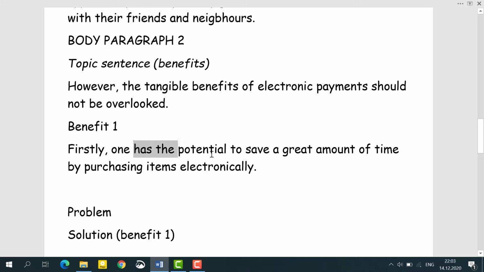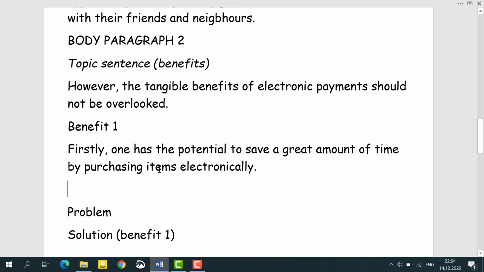Next, has the potential to. To have the potential to basically means can. One can. Okay, but this phrase sounds much better for the examiner. So one has the potential to save a great amount of time. Okay, instead of writing much time, you want to write a great amount of time by doing what?